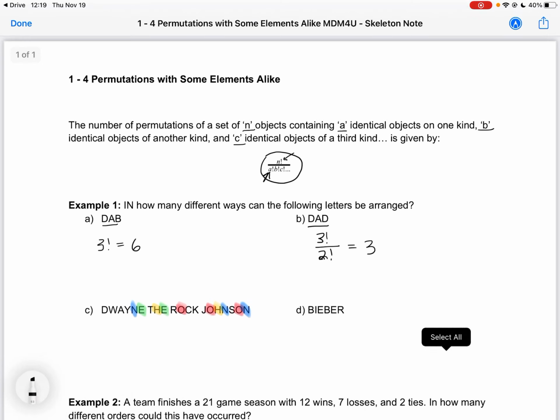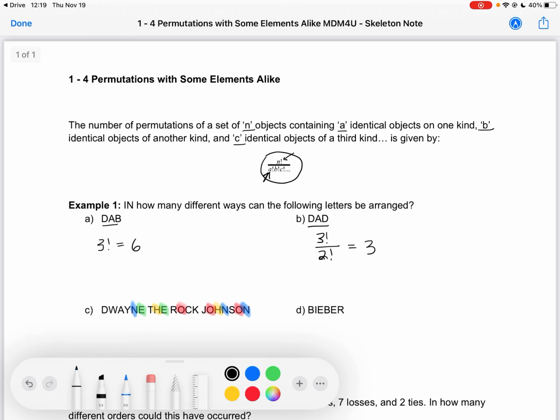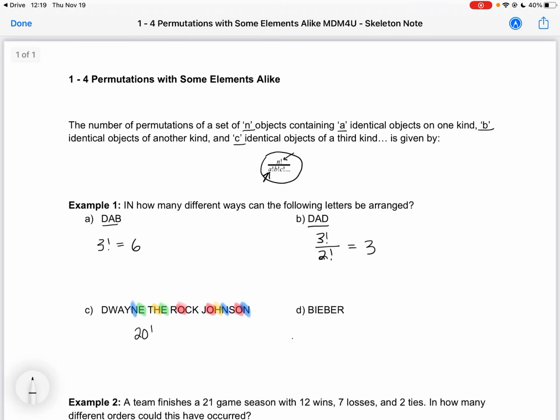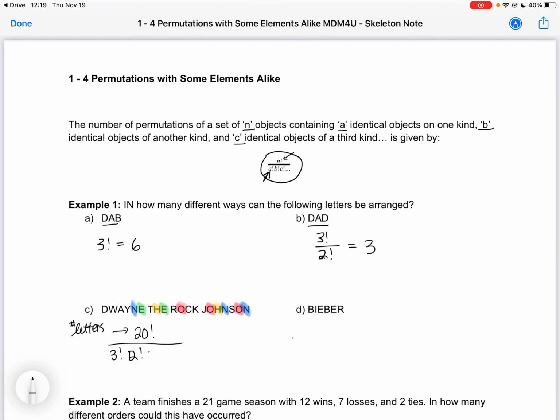So on the top, we need how many letters we have all together. So we've got 20 letters all together in his name. And then we're going to divide by the number of repetitions by group. So our N repeats 3 times, our E repeats twice, our H repeats twice, and then our O repeats 3 times.